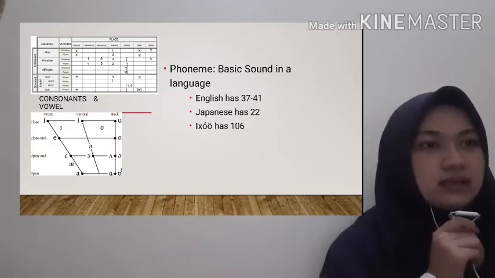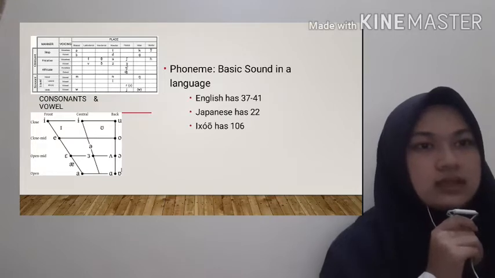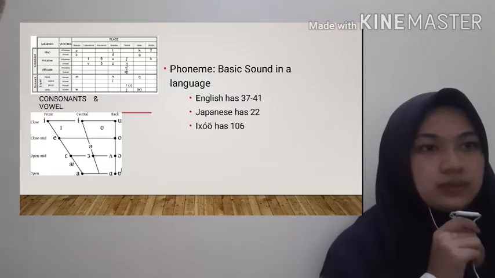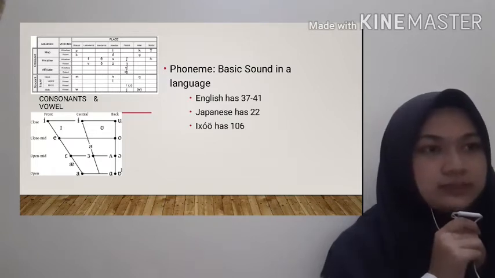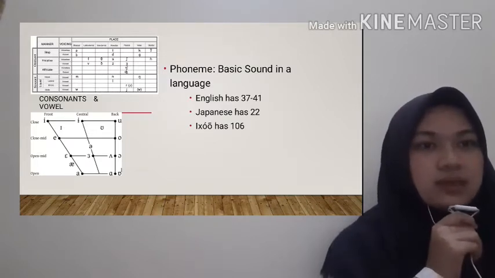In English, there are many different types of k, such as the palatal k in the word cute, or an aspirated k in the word kill, or even an unaspirated k in the word cake. But we hear them all as the same k, and that's what we mean by phonemic.